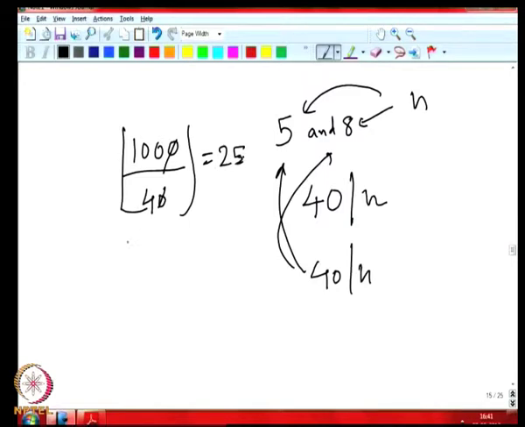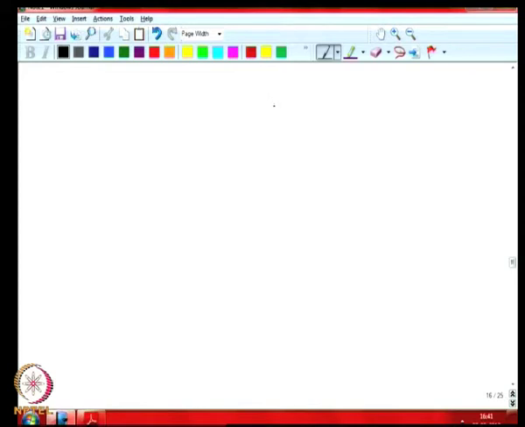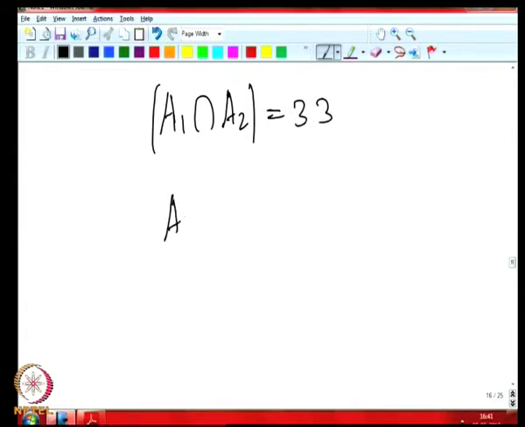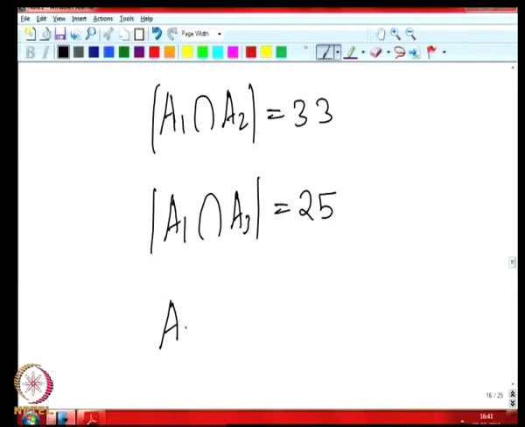So, what we have calculated now is A1 intersection A2 is equal to 33 and A1 intersection A3 is equal to 25, and finally we are interested in A2 intersection A3 also.